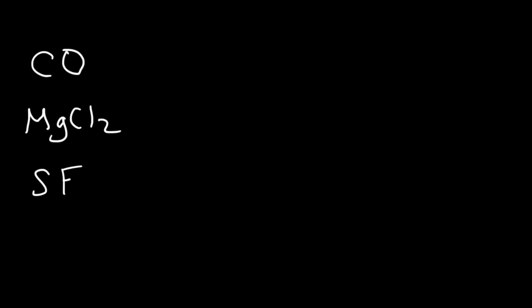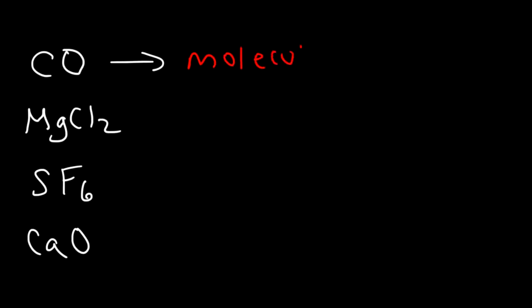So let me give you some more examples. Carbon monoxide, magnesium chloride, sulfur hexafluoride, and let's use calcium oxide. So carbon monoxide, is it a molecular compound or is it ionic? This compound is molecular or covalent because carbon and oxygen are both nonmetals.